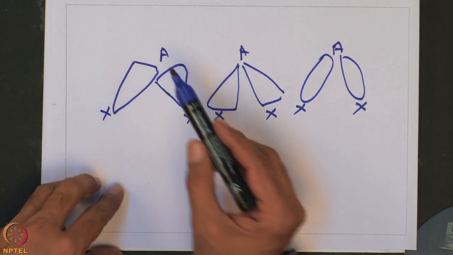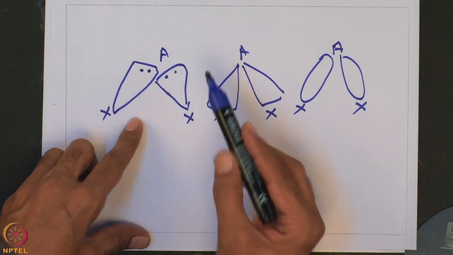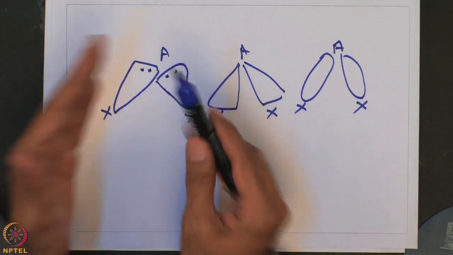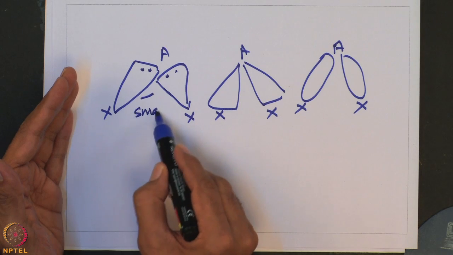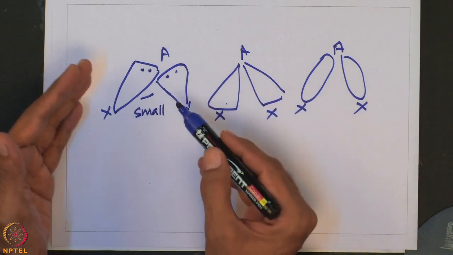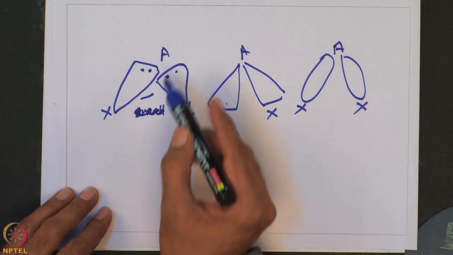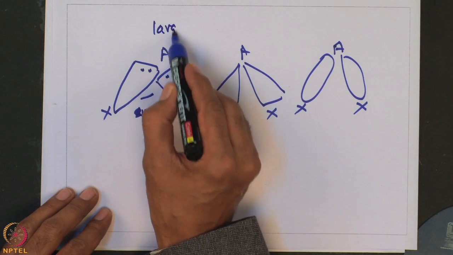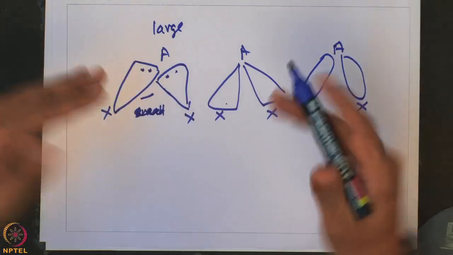So here if electronegativity of A is more, electrons will stay here. As a result, angle will shrink, small angle, and here electron density is coming here. So angle increases here, sorry. In this case larger angle, because lone pairs are at the central atom, it increases.